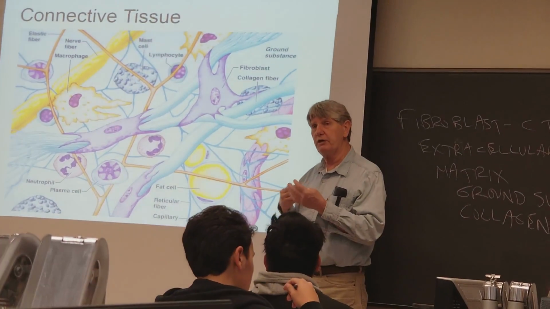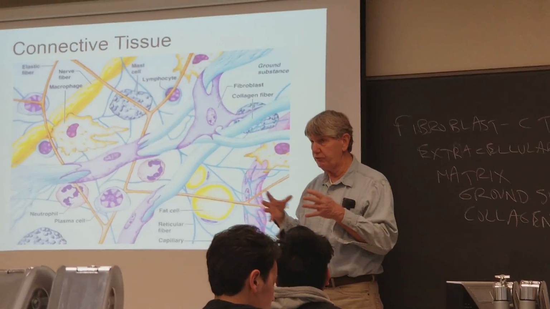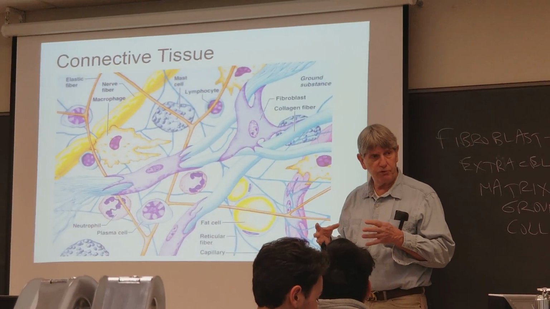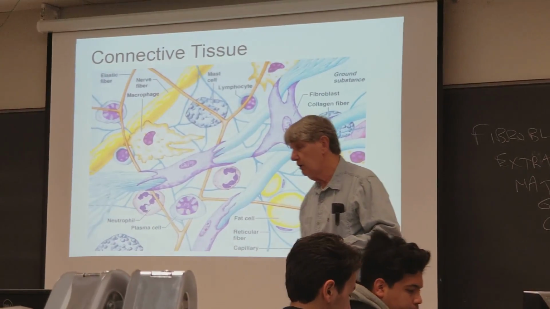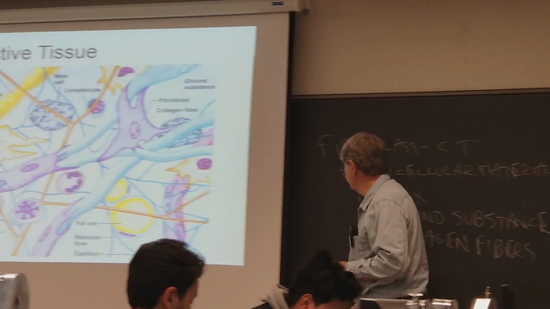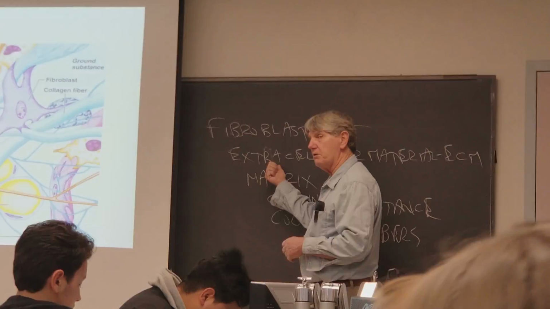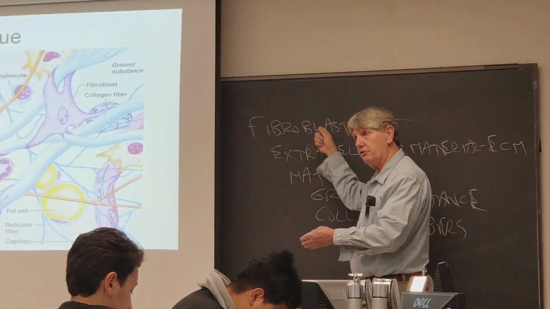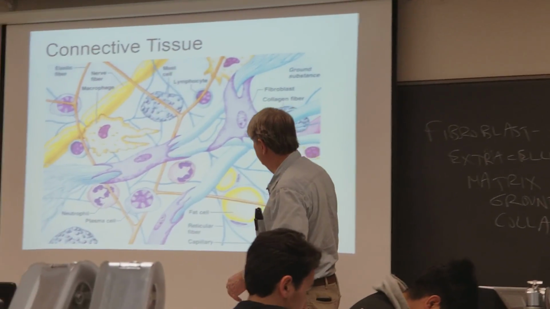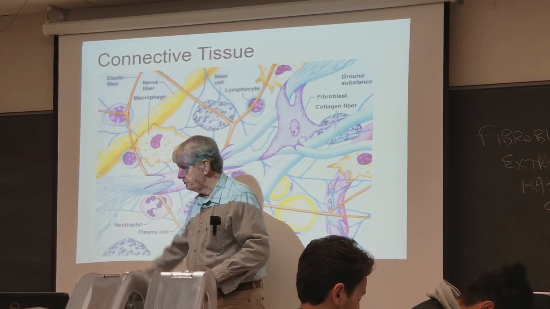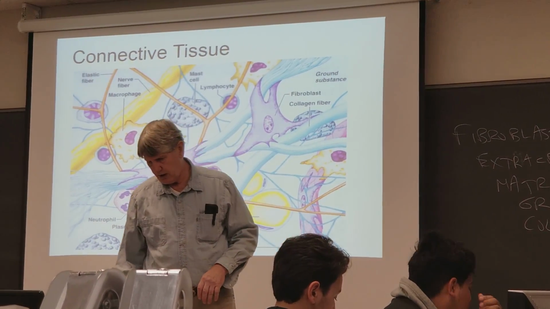This holds the connective tissue in place and provides its structural characteristics. Anytime there is a reference to extracellular, that means it's outside of the cell, but it is the fibroblasts that actually produce this material. You can see this one trying to generate fibers over there on that end.